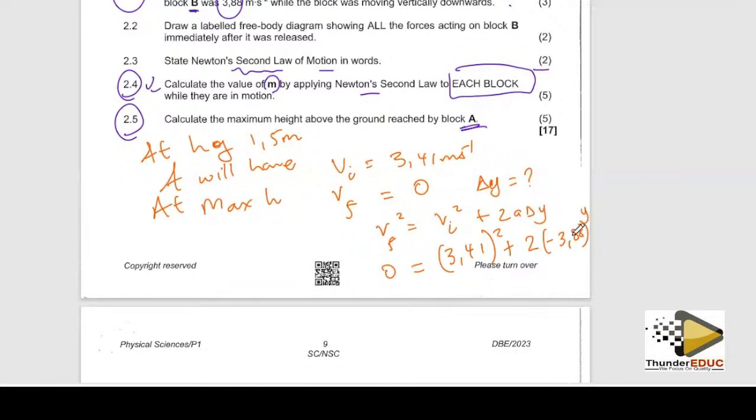Okay. Then I can move this to that side. I know that 0.88 times 2 is going to give me 7.76 delta y. And then 3.41 squared is giving me 11.62. Does that make sense?